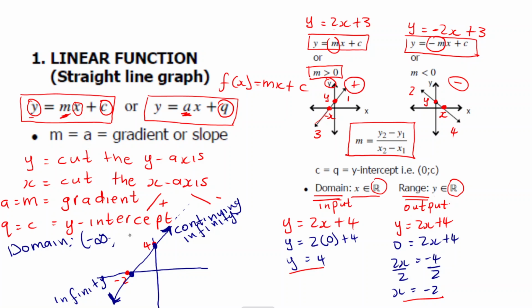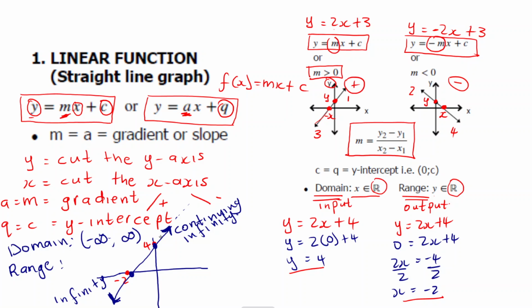And your range is also going from negative infinity up to positive infinity, because the graph is still going further, going up without ending. So this is the domain, and this is the range.